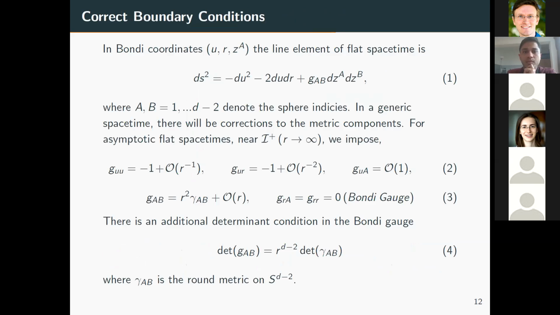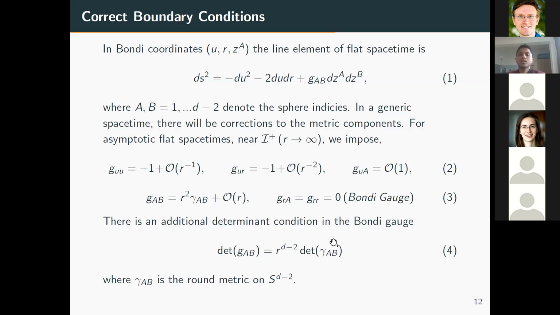Maybe some more details about this. In Bondi coordinates, the flat spacetime can be written as given in equation 1 for arbitrary dimensions. Here, capital A and capital B are sphere indices, and they run from 1 to d minus 2. The boundary conditions that we impose are exactly the same as the ones that are imposed in 4D asymptotically flat spacetimes. This is just for Bondi gauge, and there's a determinant condition for Bondi gauge.